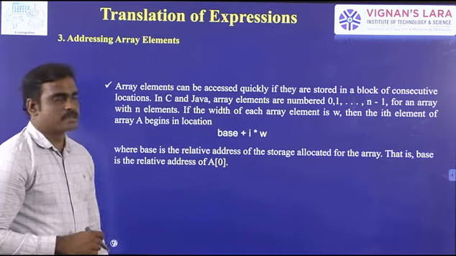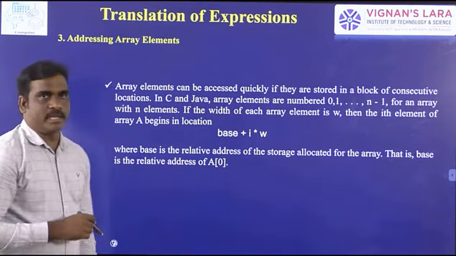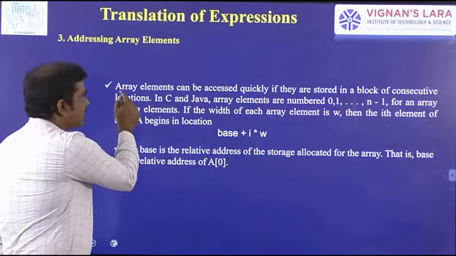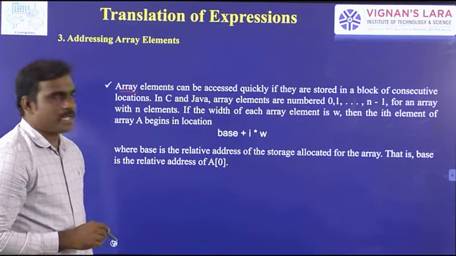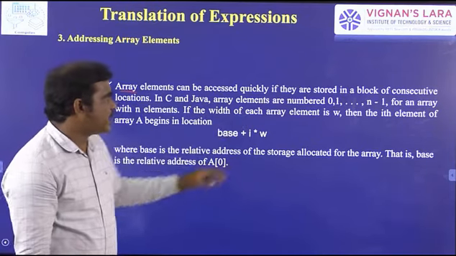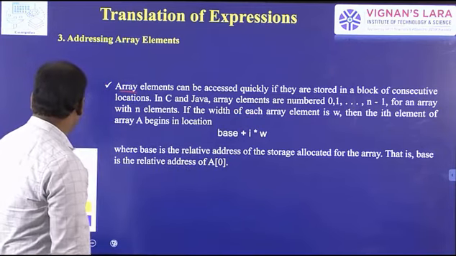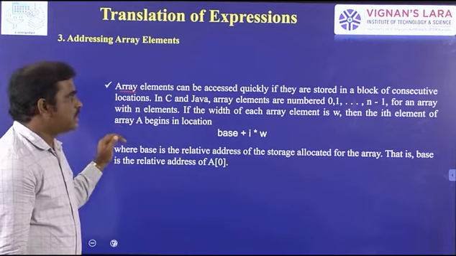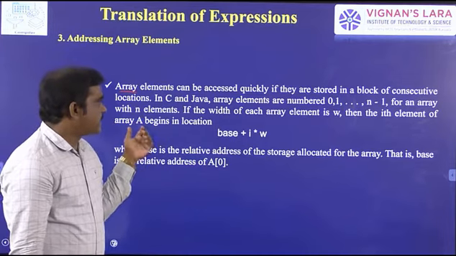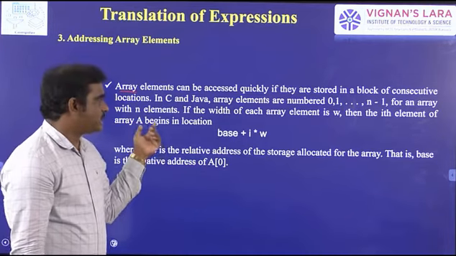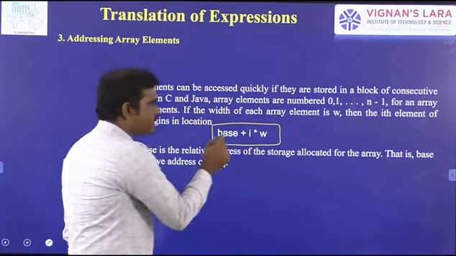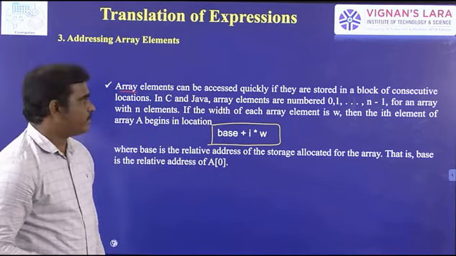The third one is addressing array elements. Array elements can be accessed quickly if they are stored in a block of consecutive locations. To find the relative address of location i, we can use the formula base + i × w.